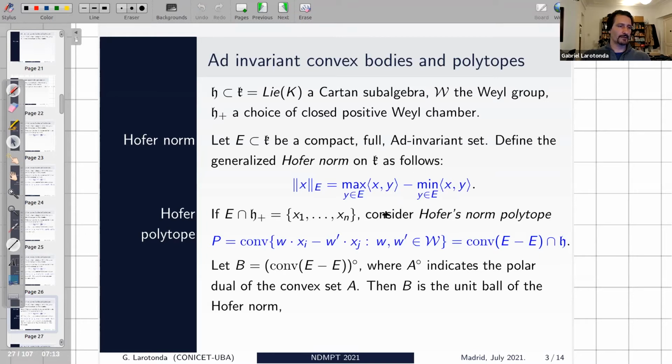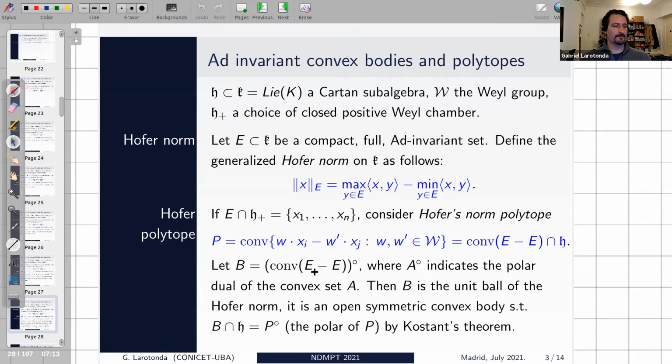So the set of elements of the Lie algebra such that X has norm less or equal than 1 is exactly the polar dual of the convex hull of the symmetrization of E. And it's in fact an open symmetric convex body around 0. And by convexity theorems, if you intersect it with the Cartan subalgebra, you recover the polar dual of the polytope E.